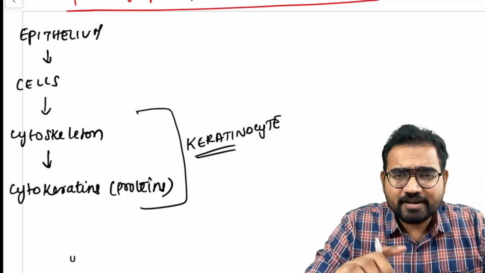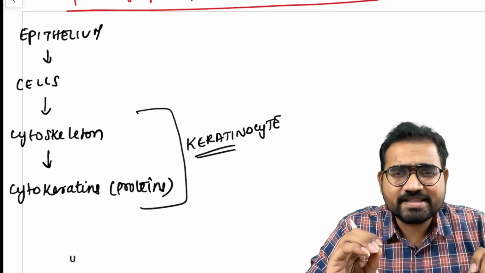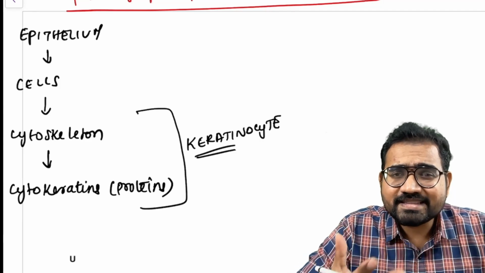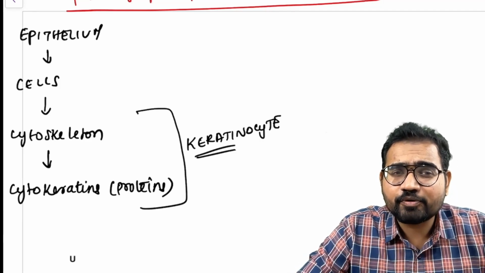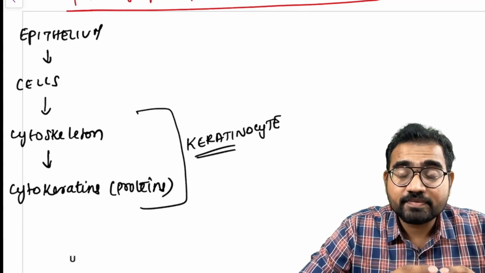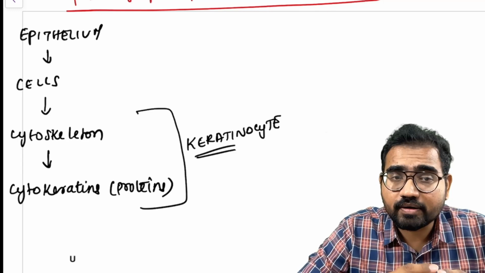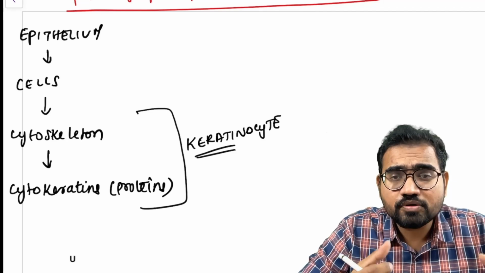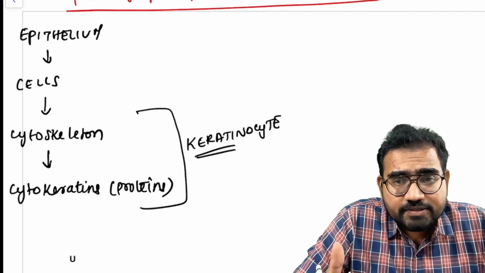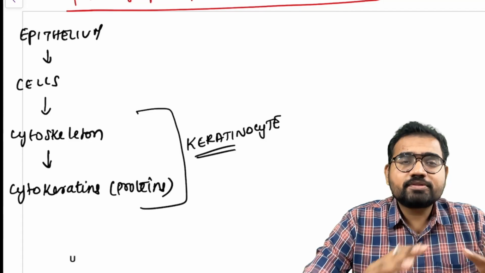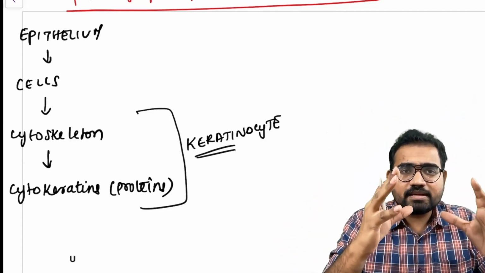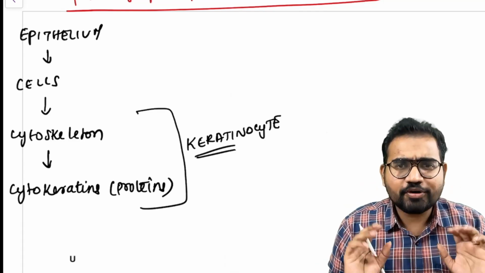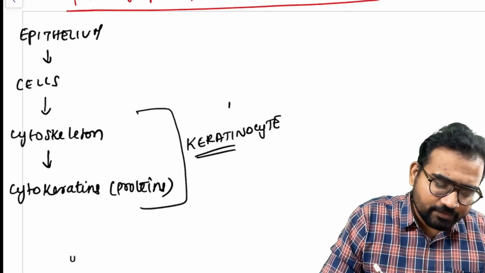Every epithelium will have a cell. Cell will have a skeleton as human beings. Skeleton is made up of proteins, cytokeratins. These cytokeratins are nothing but proteins which will help the cytoskeleton to complete itself or to survive. So this entire setup of a cell, cytoskeleton and cytokeratins, is called a keratinocyte. What is the function of keratinocyte? Very simple, it produces keratin.